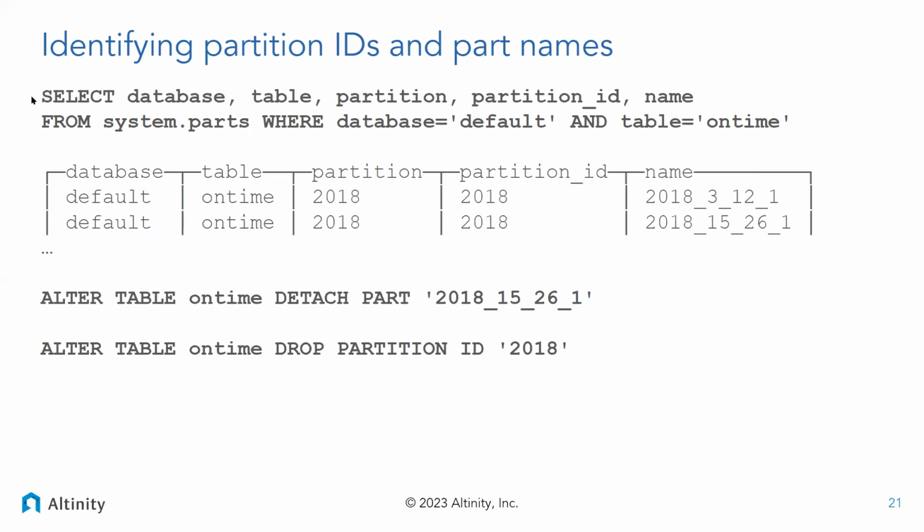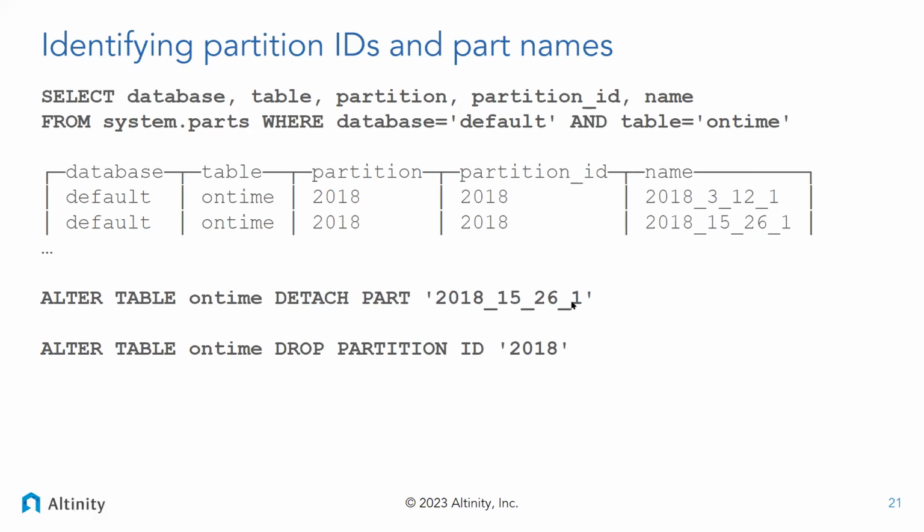For the default database on-time table, we're going to list the partitions and their IDs and names, and then use them in a couple of alter table commands that operate on those structures. For example, we have the name of a part, so we can use that name column to go ahead and detach the part. So you see the 2018, 15, 26; if we issue this command, it will detach it.